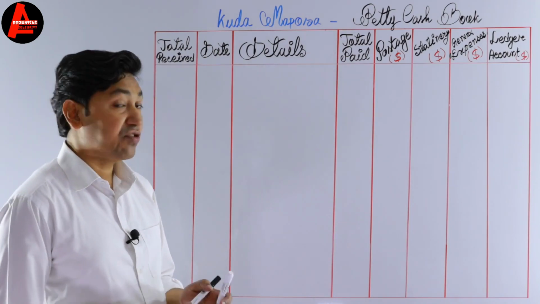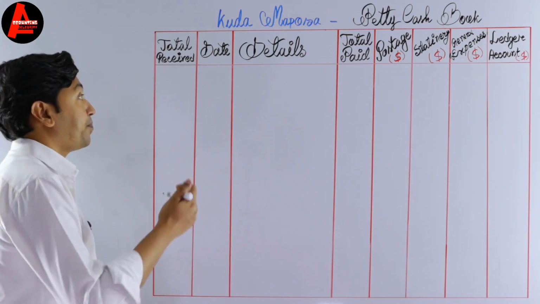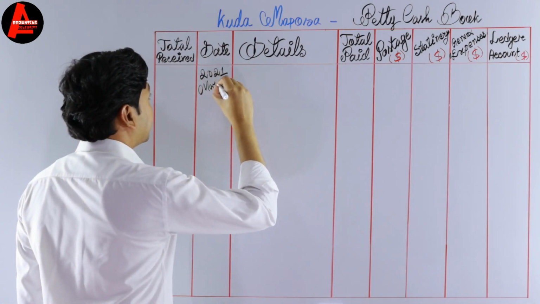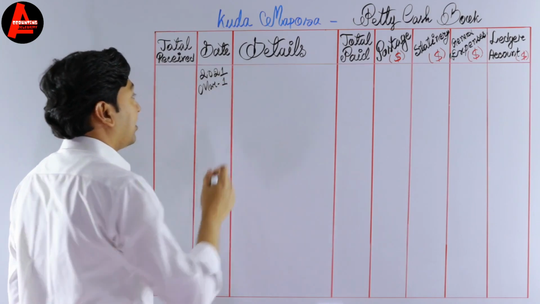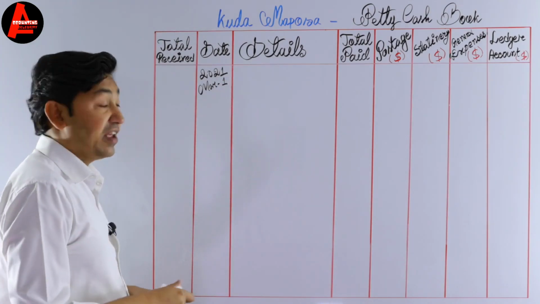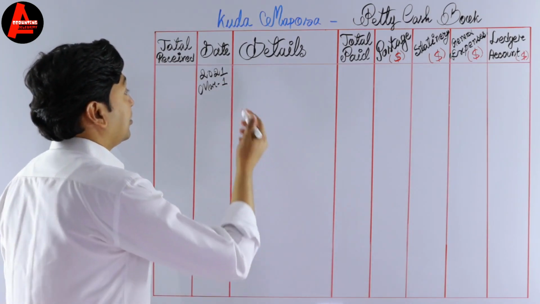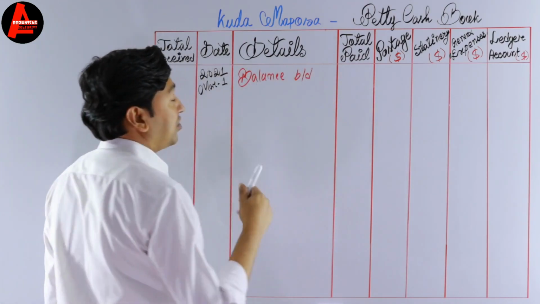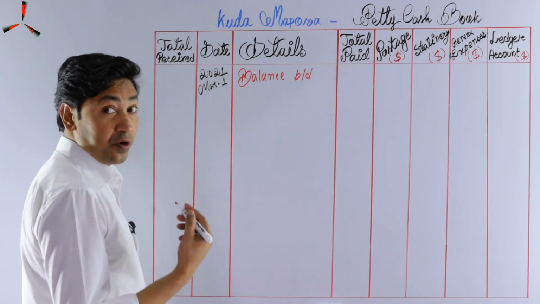Let us write the date first here, 2021 March 1st. Here we will write balance BD. I told you already, balance BD means balance brought down.